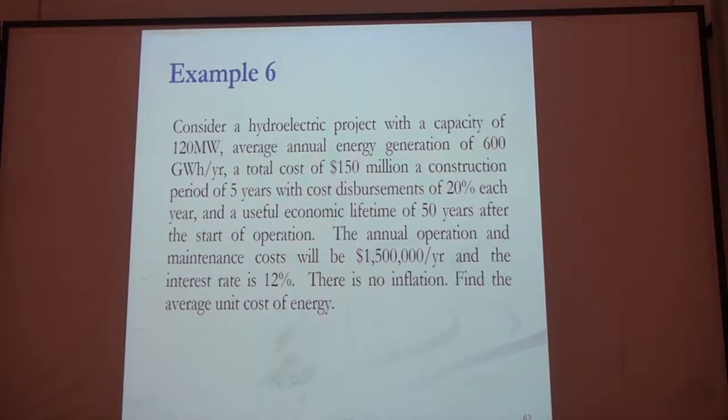Otherwise, our interest will be more. So we borrow or use whatever money is required in the first year, and then in the second year we borrow again, and so on. So when we say it is 20% each year, 20% of 150 is $30 million. It means we are spending $30 million each year for the construction.